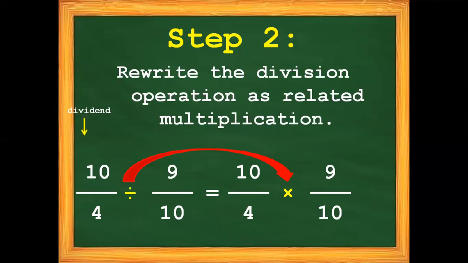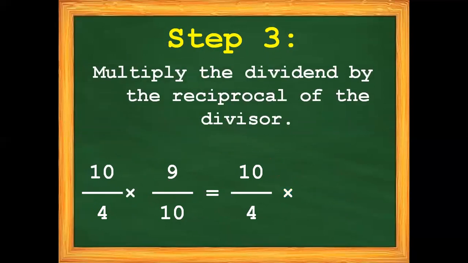Our dividend is 10/4 and our divisor is 9/10. Step number 3. Multiply the dividend by the reciprocal of the divisor. In this case, our divisor is 9/10. So the reciprocal of 9/10 is 10/9.